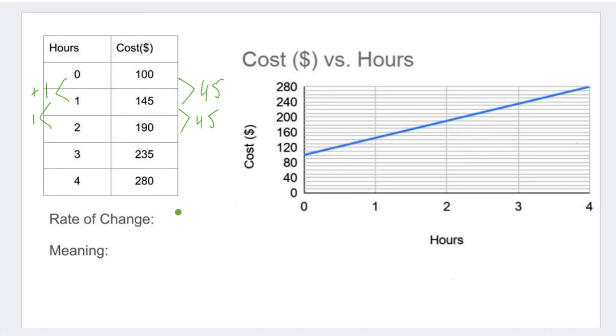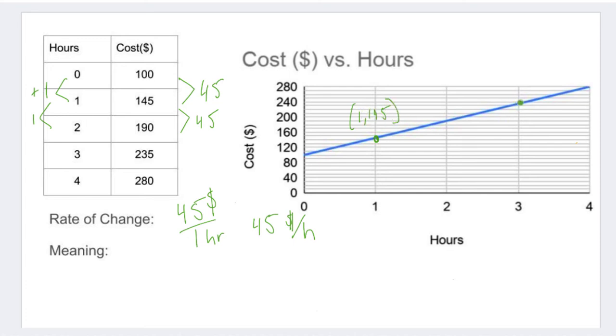So the rate of change is going to be $45 for every 1 hour. $45 per hour.